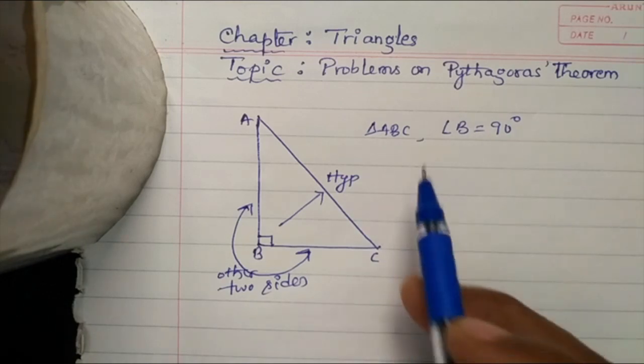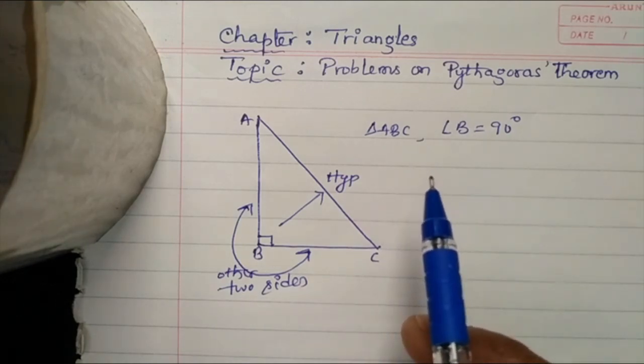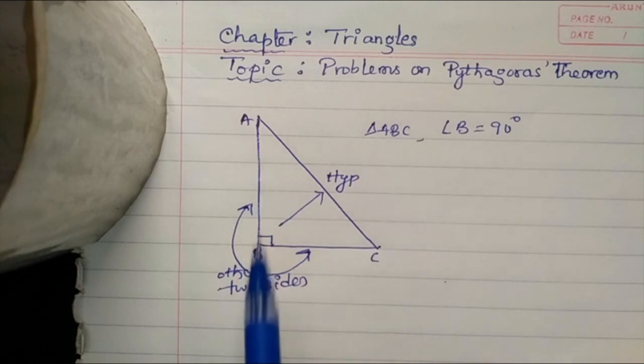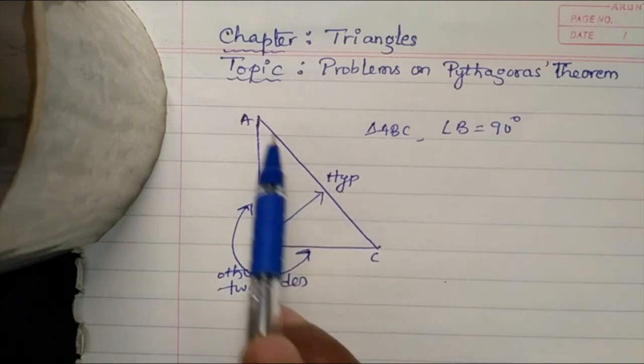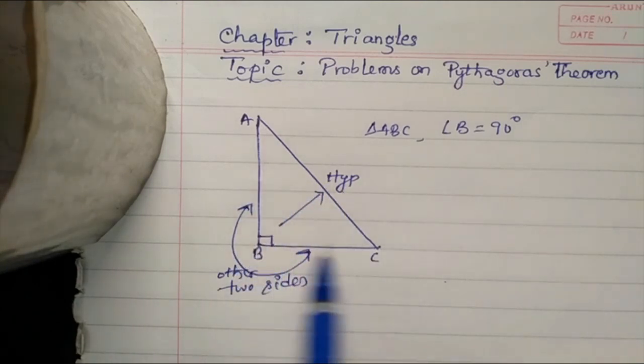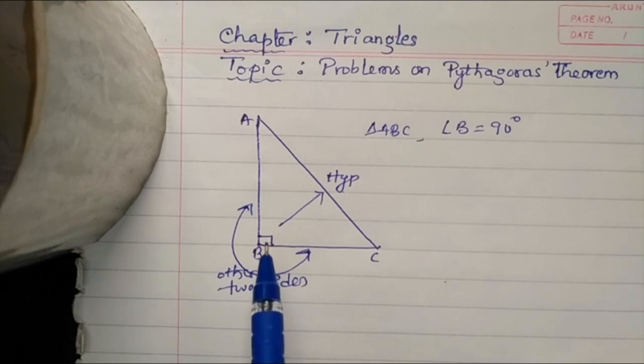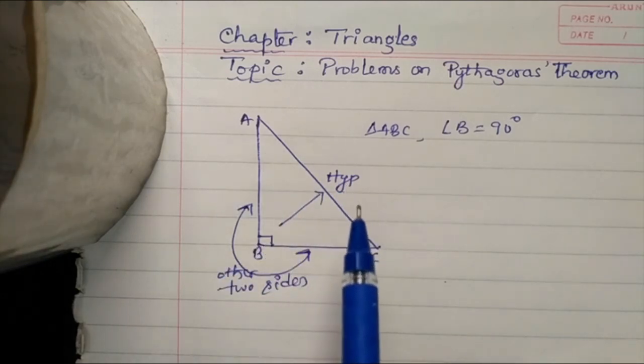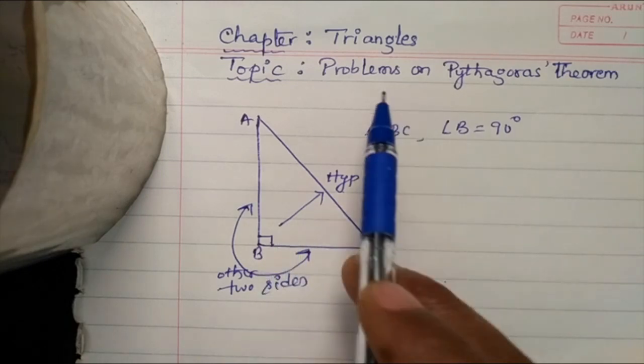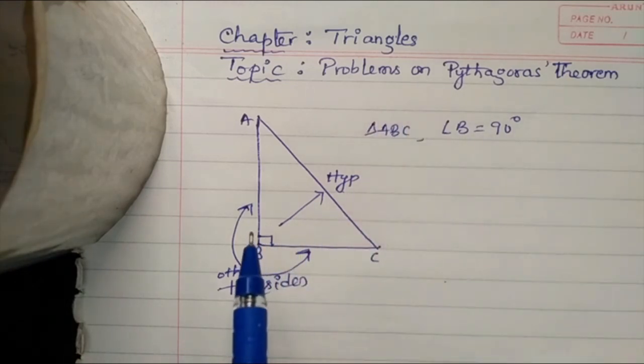As we know, the statement of the Pythagoras theorem says that the square on the hypotenuse... So in any right angle triangle, when we see one angle equal to 90 degrees in the given triangle, the triangle becomes a right angle triangle. The Pythagoras theorem is made for right angle triangles only.